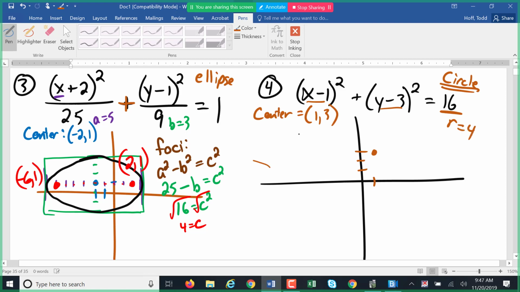So r equals 4. The radius is 4. So we go up 1, 2, 3, 4 units. Back 1, 2, 3, 4 units. Down 1, 2, 3, 4 units. And to the right 1, 2, 3, 4 units. And there's our circle. And that's it. Not a whole lot else to describe that circle.